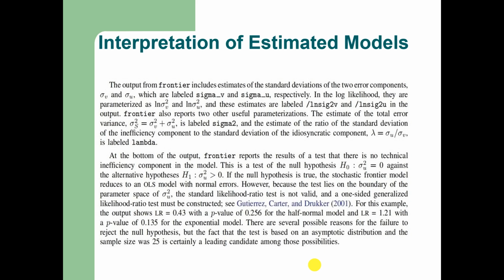There are several possible reasons for the failure to reject the null hypothesis, but the fact the test is based on asymptotic distribution and the sample size was 25 is certainly a leading candidate among those possible. So it means in both the models, on the basis of the test, we fail to reject the null hypothesis that there is no inefficiency.